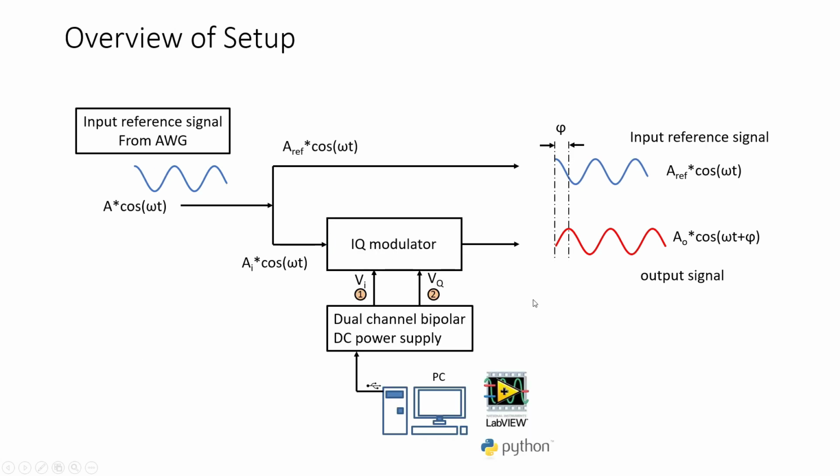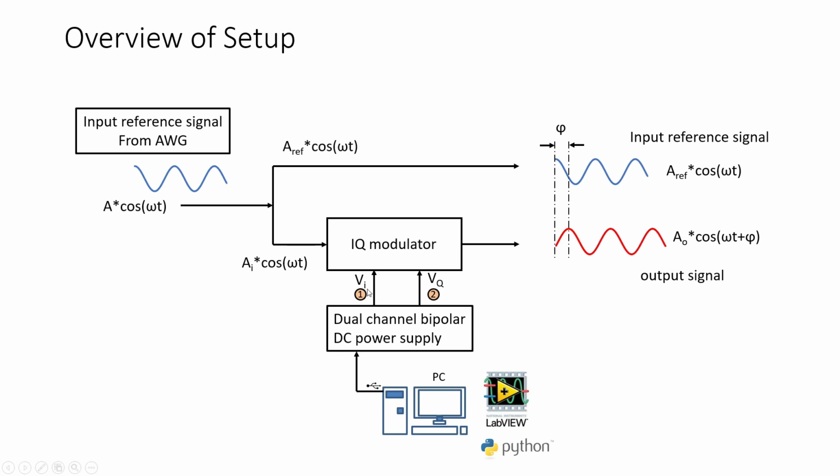Here is the overview of the setup in implementing our phase shifter. It consists of IQ modulator and a dual channel bipolar DC power supply and PC with LabVIEW or Python. DC power supply has two channels and it produces output VI and VQ.